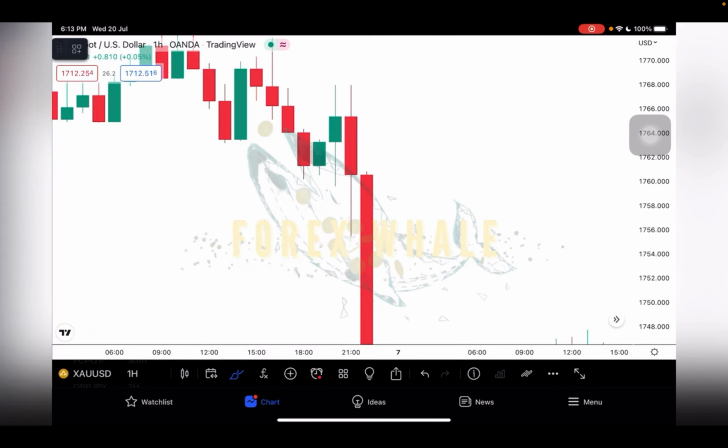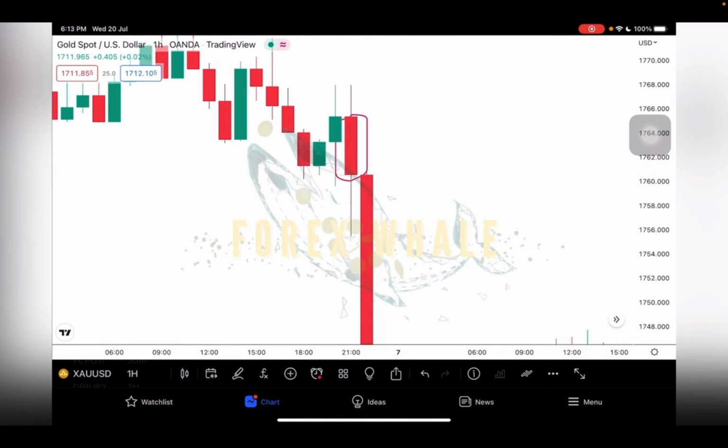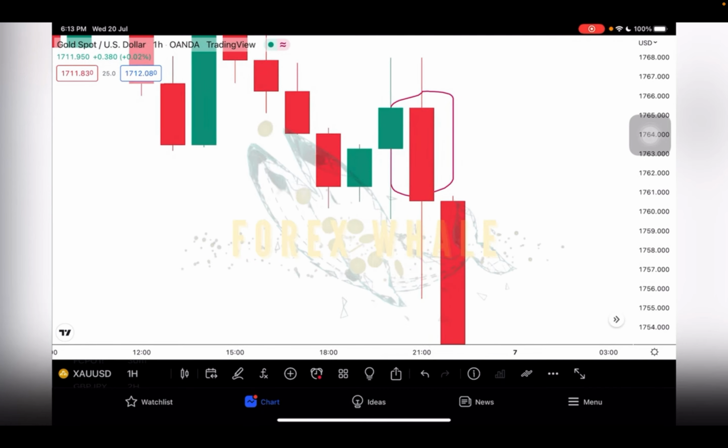So as you can see, this bearish candlestick body is bigger than the 2 previous candlesticks before it. Right, so now you can see the candlestick is obviously bigger than the previous candlestick.